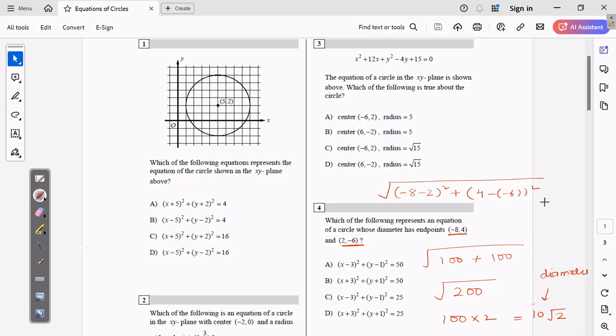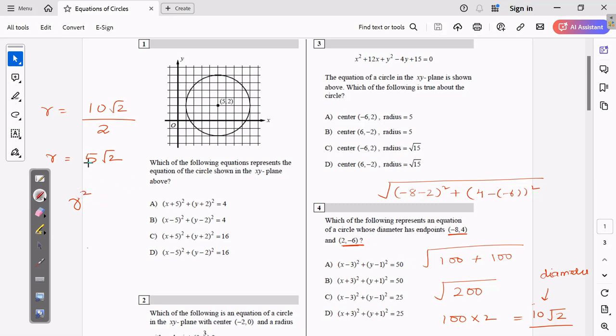Yes, so what will be the radius? For that you divide this by 2. So divide 10 root 2 by 2, that is 5 root 2, and then on the right hand side you have r square.